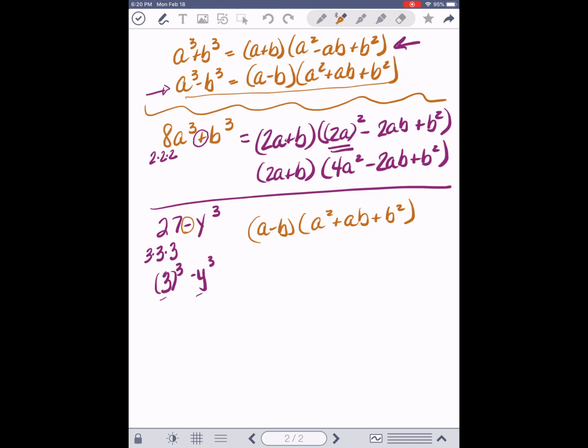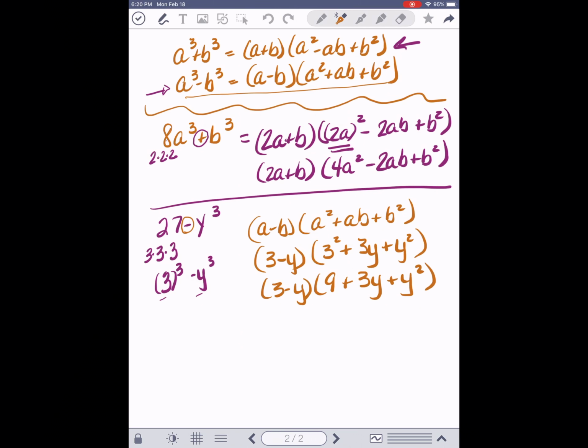So let's substitute in our a value, which is 3 minus y times 3 squared plus 3y plus y squared. And we can take that one step further to be 3 minus y times 9 plus 3y plus y squared. And that is the difference of cubes.